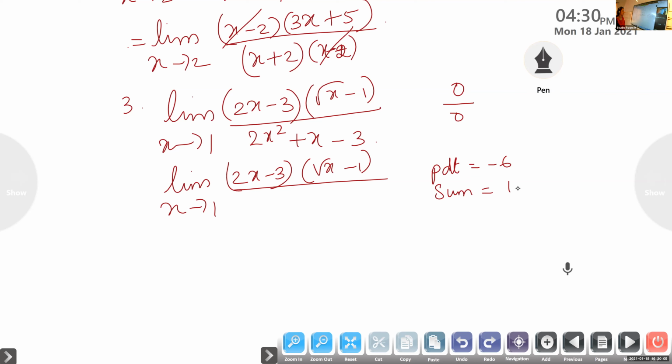So what will be your answer? When you factorize it, what is the denominator? Product is minus 6 and sum is 1.